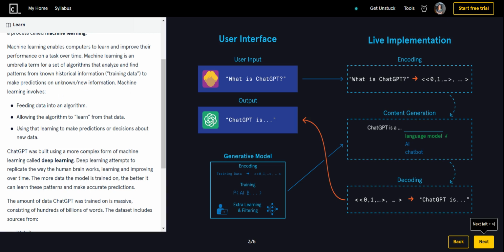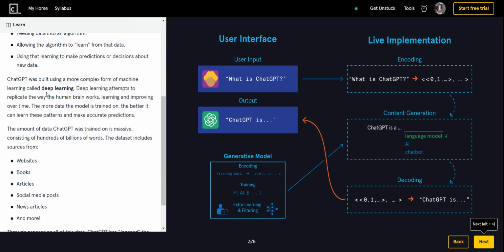Machine learning involves feeding data into an algorithm, allowing the algorithm to make predictions or decisions about new data. ChatGPT was built using a more complex form of machine learning called deep learning. Deep learning attempts to replicate the way the human brain works, learning and improving over time.